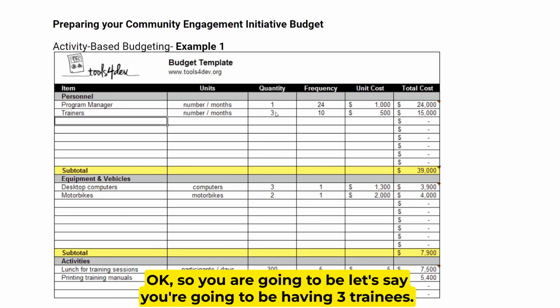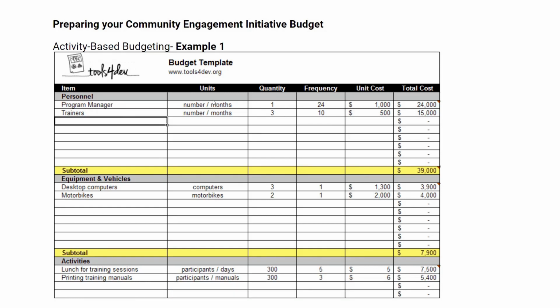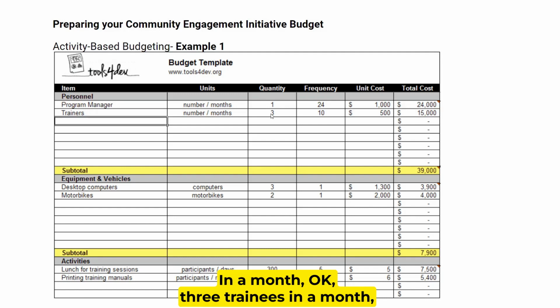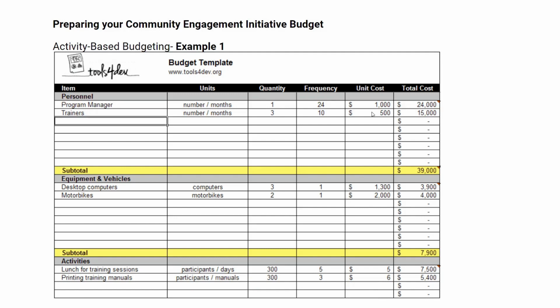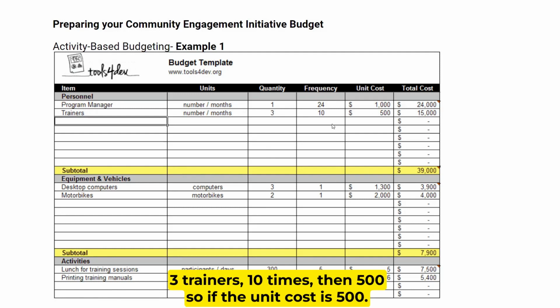Okay, so let's say you are going to be having 3 trainers in a month, then each unit cost is 500. So 3 trainers here, this is the quantity of the trainer. 3 trainers, 10 times, then 500.